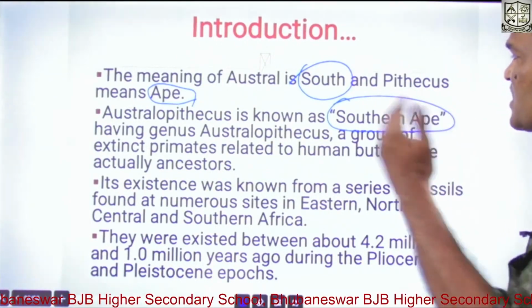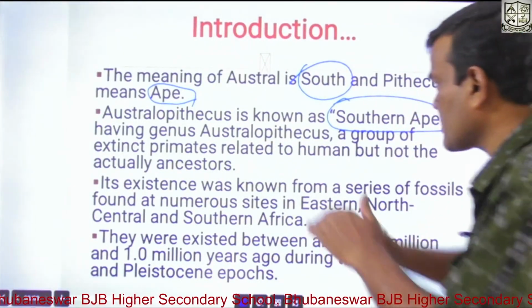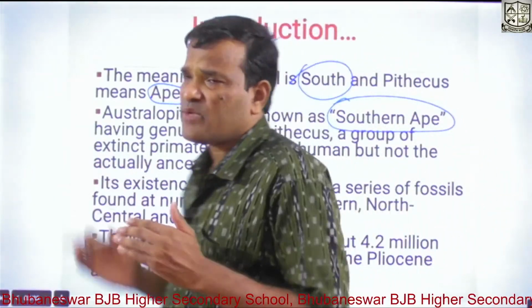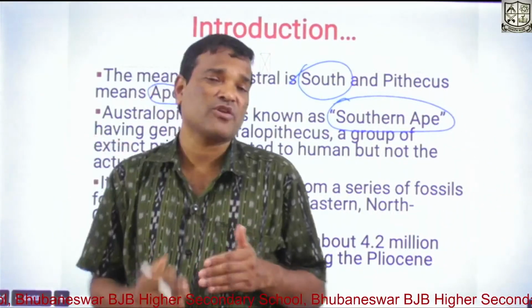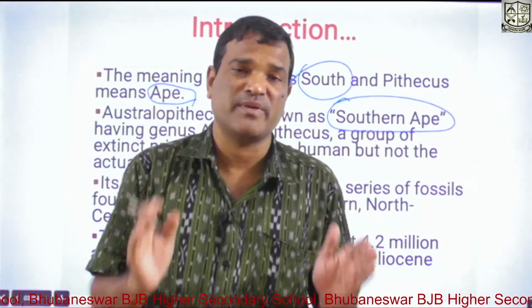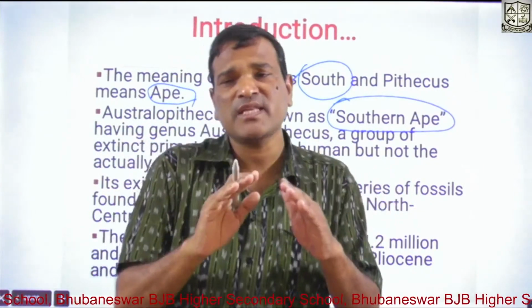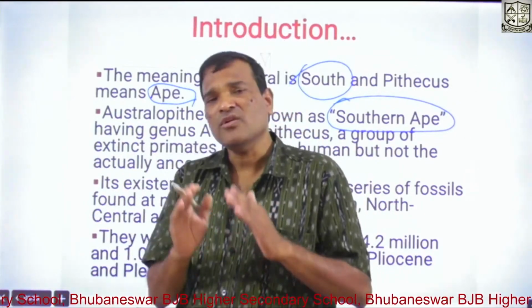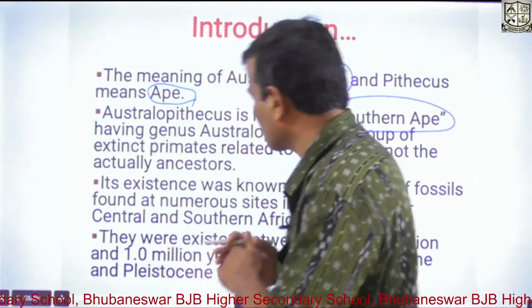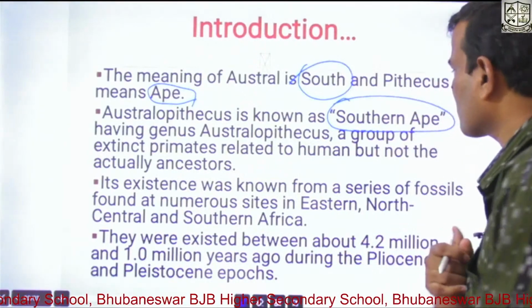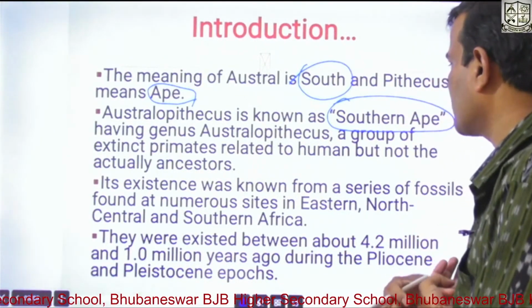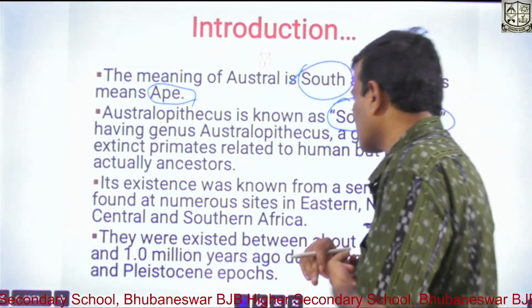A group of extinct primates related to humans but not the actual ancestor of human beings. Its existence was known from a series of fossils found at numerous sites in eastern, northern, central and southern Africa.